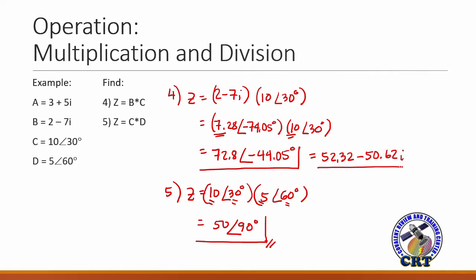So this is in rectangular form. While for number 5, let us convert that to rectangular form, 50 and angle of 90. This will give us 0 real part plus 50i. Okay?